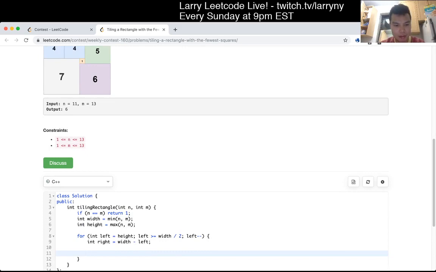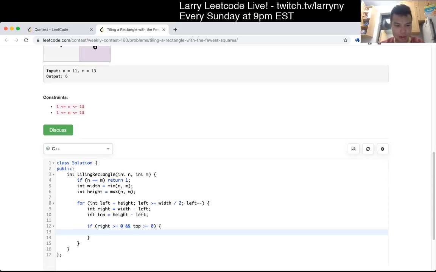Now we want, so top, you gotta say as that as well, right? So we're going to check that way is greater than 0. Otherwise we continue. Oops, this is not true.